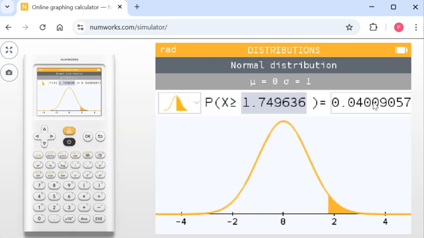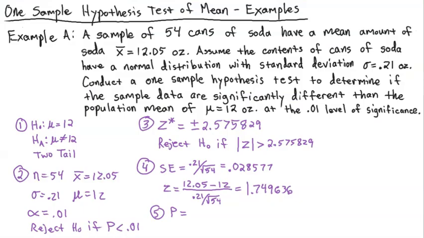You can't see the one that I'm using, but 0.0400957 times 2 gives me 0.0801914. Okay, there we go.